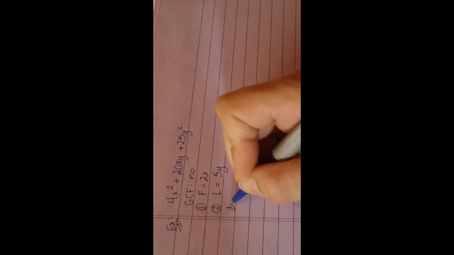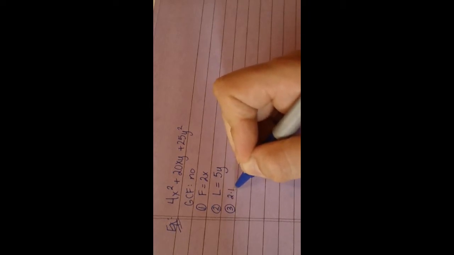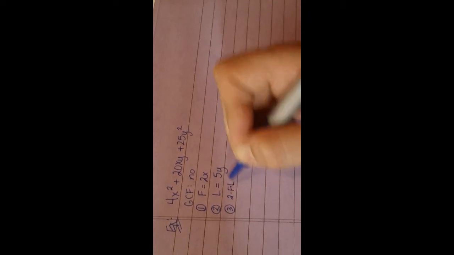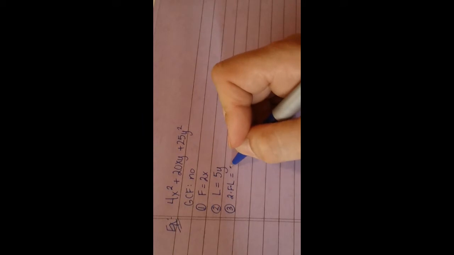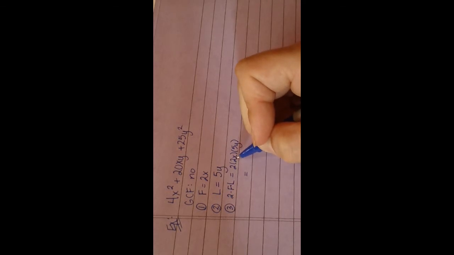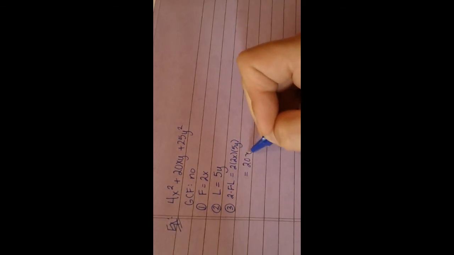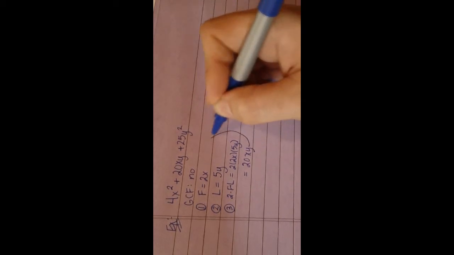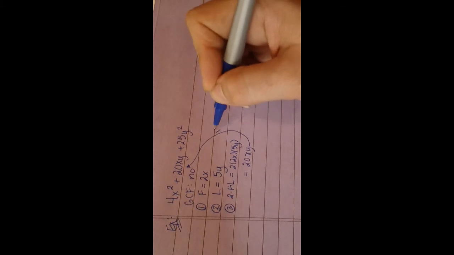Then the third thing I'm going to check is, does 2FL make my middle term? So 2 times 2x times 5y would be 2 times 2x is 4x times 5y is 20xy. And that does match. So I just double check that with that middle term, and yes, it is a match.